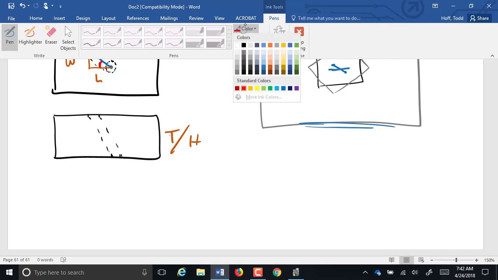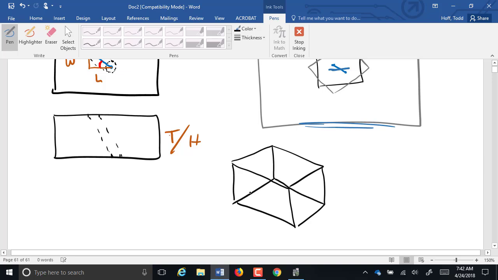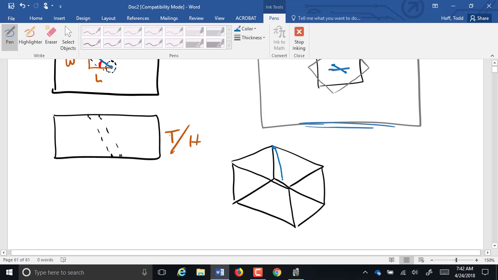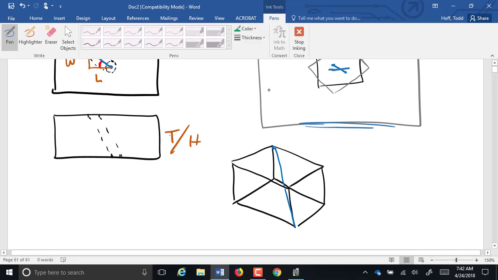So let's look at that box. Going from this corner to this corner, that angle is found on the bottom.